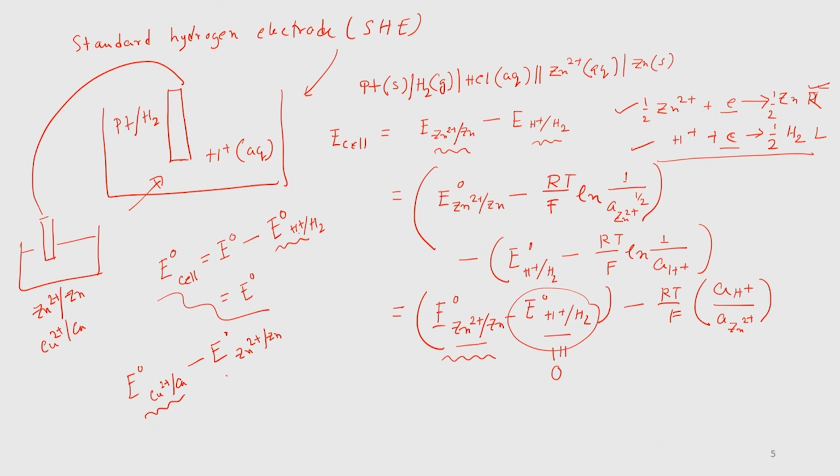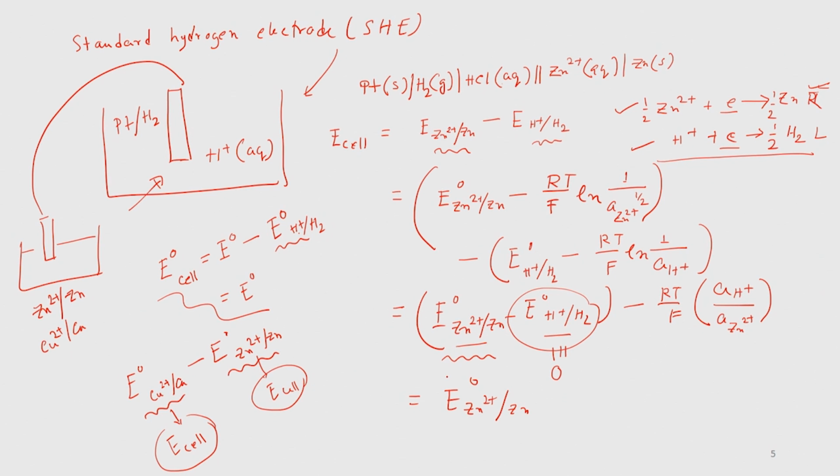So, these two were measured as the E of a cell where one component was the standard hydrogen electrode. That way, each one of them was measured with respect to the standard hydrogen electrode, and the standard hydrogen electrode we took as 0. So, then we can easily figure out that it will be nothing but E0.